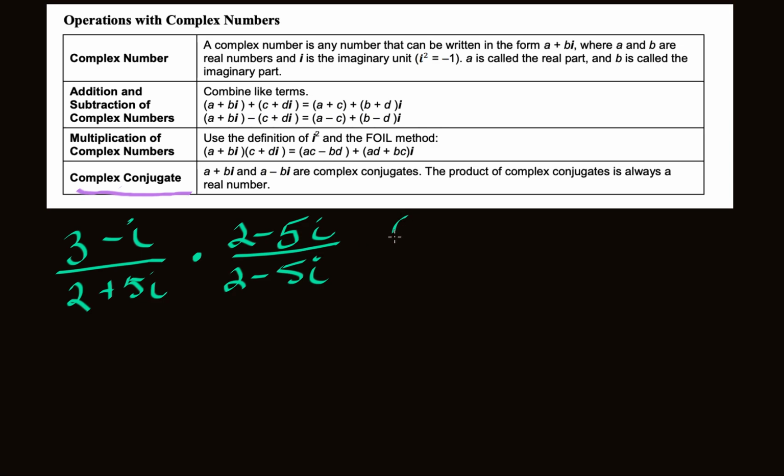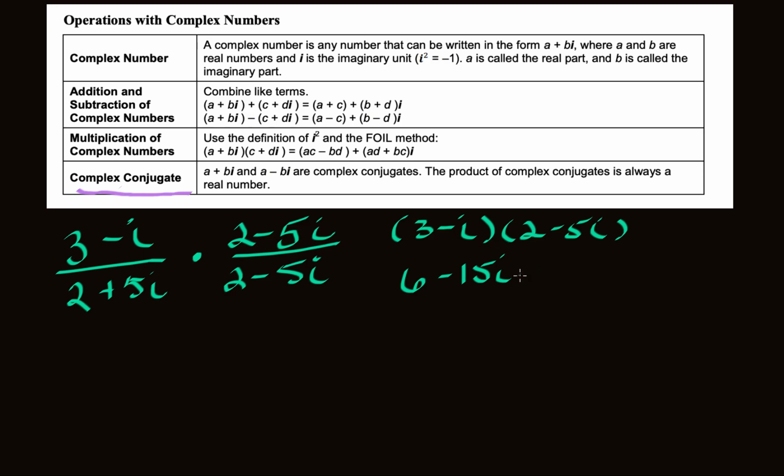I'm going to do the top first. I'm going to do 3 minus i times 2 minus 5i. Now we're going to have some complex number on top. 3 times 2, of course, is 6. 3 times minus 5i is minus 15i.